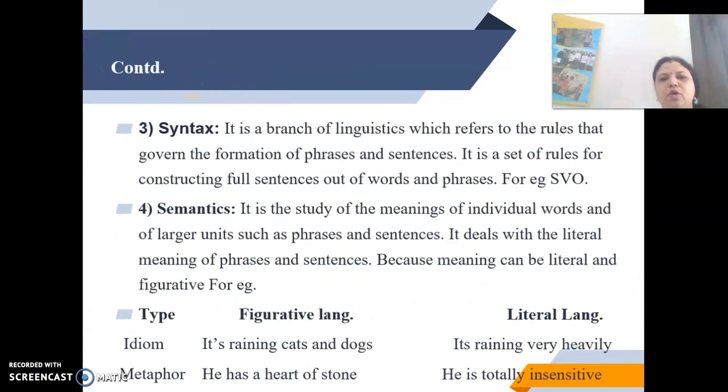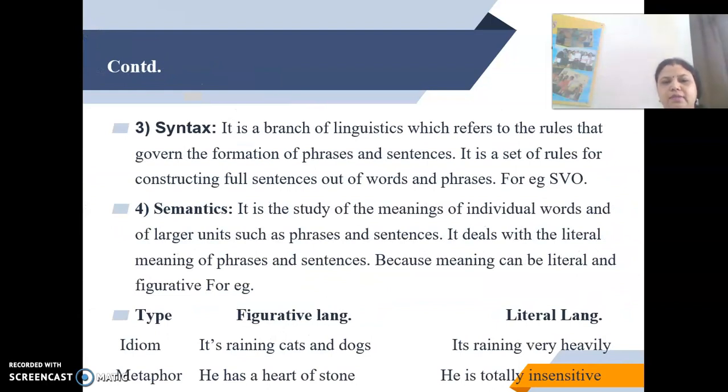Now the third component is syntax. Syntax is a branch of linguistics which refers to the rules that govern the formation of phrases and sentences. It is a set of rules for constructing full sentences out of words and phrases.